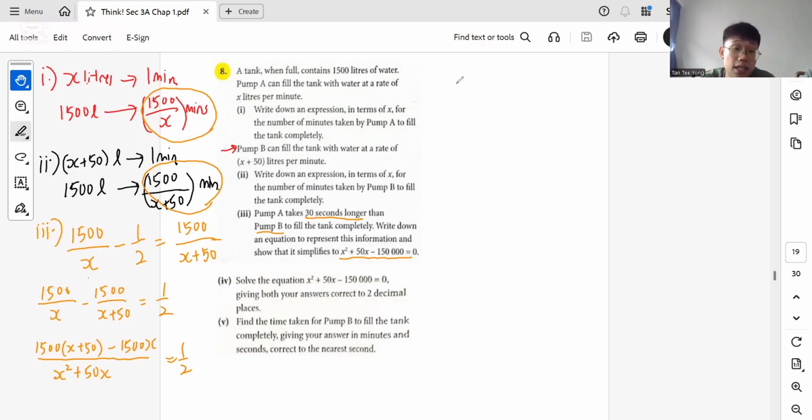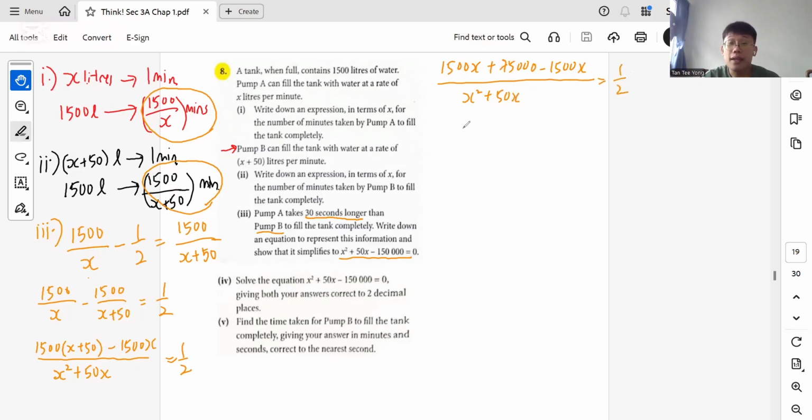Now I continue on the right. 1500x plus, what is 1500 times 50? 75,000. So 75,000 minus 1500x, then over x squared plus 50x equals to half.